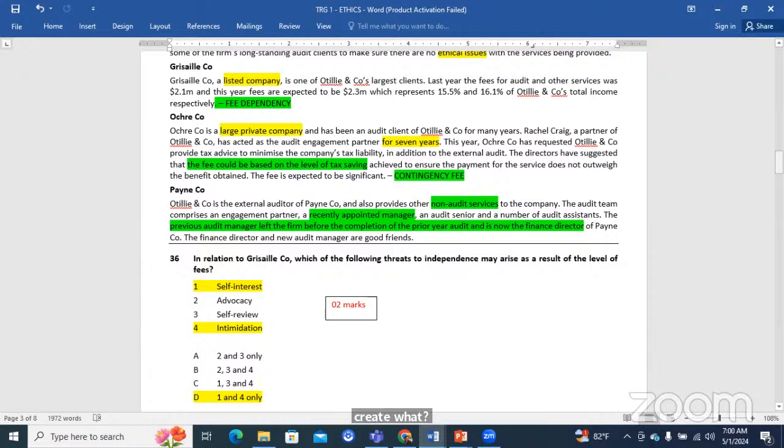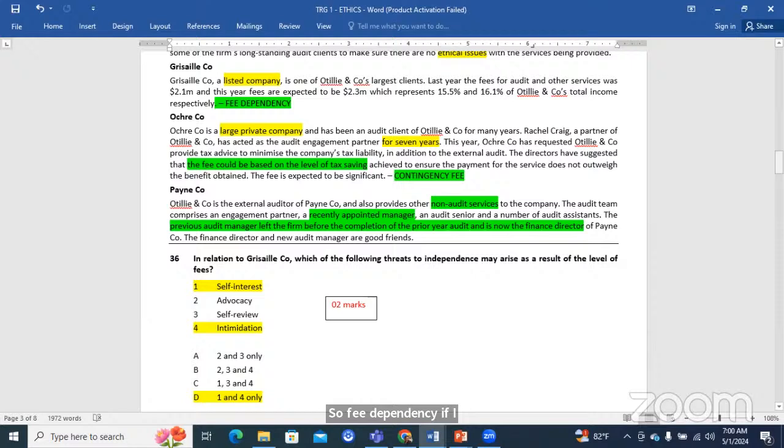And also, fee dependency can influence us also. Let's say if I am getting a significant amount of income from one client, I do not want to break that relationship, because that single client can influence me a lot. So fee dependency, initially it's a self-interest threat.